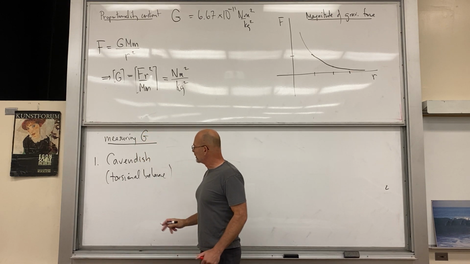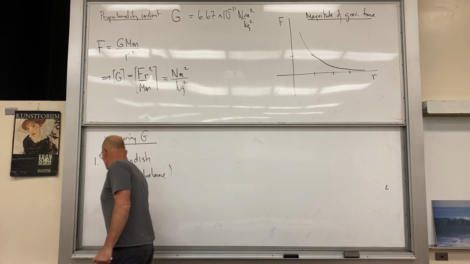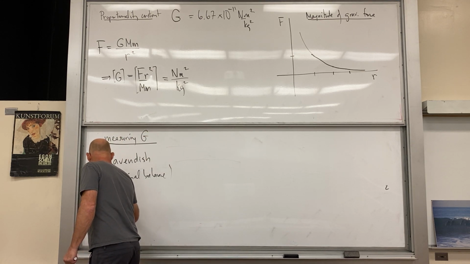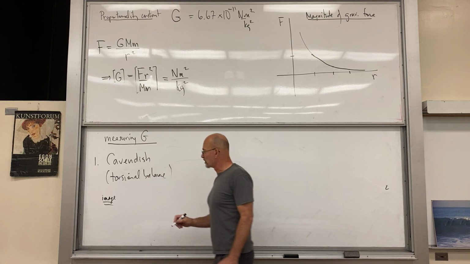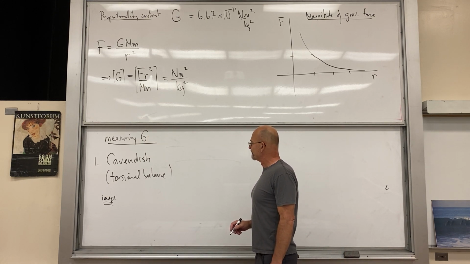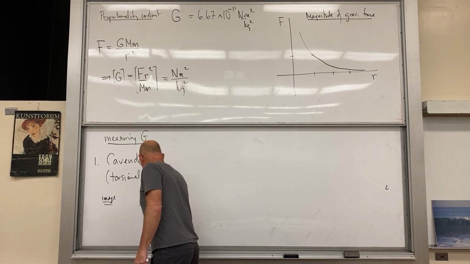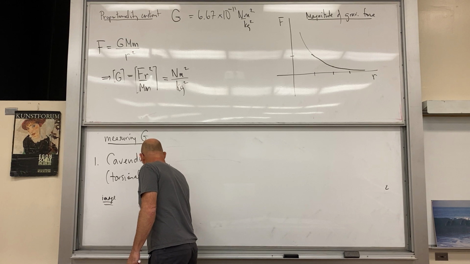What you guys should do is look up an image of the Cavendish torsional balance, and you can print it out and add it to your notes. The idea here, now the Cavendish balance is a little more difficult to draw, okay?